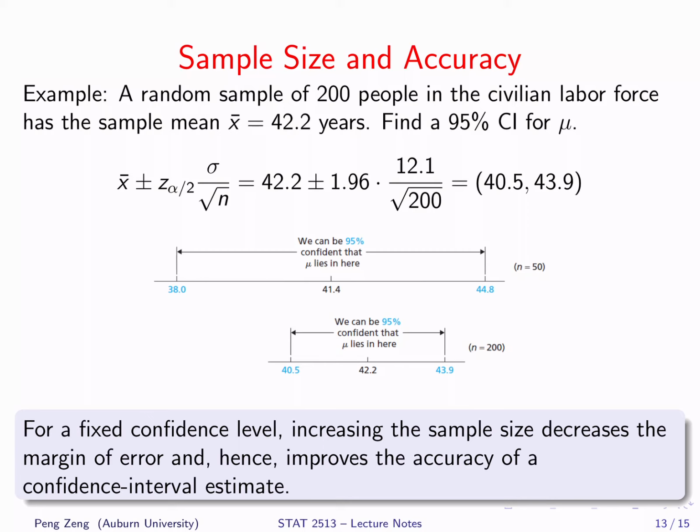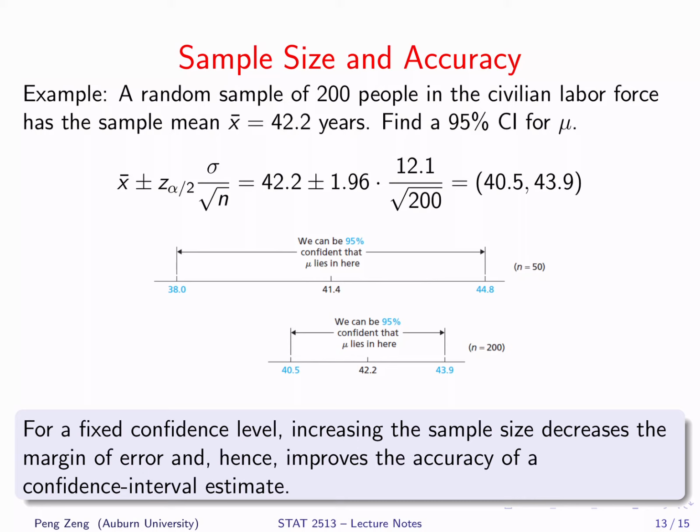Following the same steps, we can construct a 95% confidence interval based on this sample of size 200. The confidence interval is 40.5 to 43.9. Clearly, the confidence interval based on the sample of size 200 is much shorter than the confidence interval based on the sample of size 50.